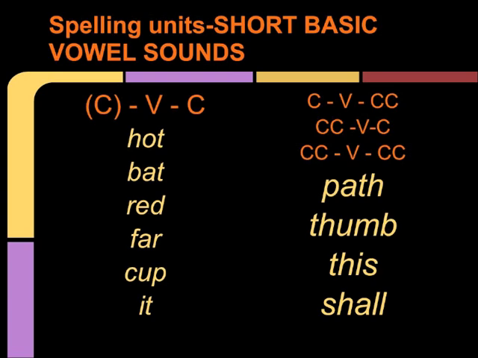Consonant vowel consonant consonant, and variations such as consonant consonant vowel consonant, or consonant consonant vowel consonant consonant. Examples include path, thumb, this, shall.